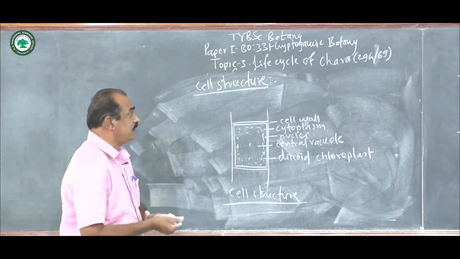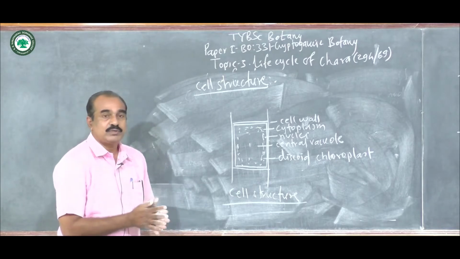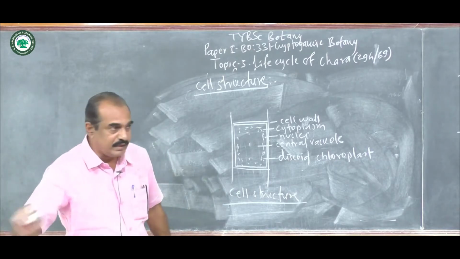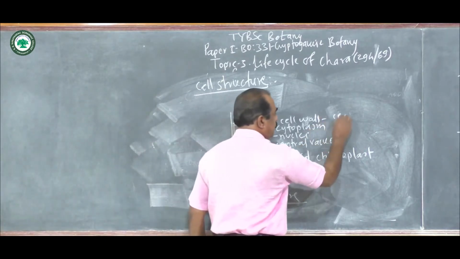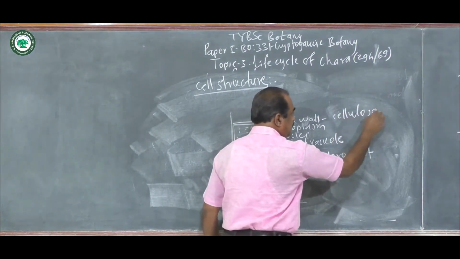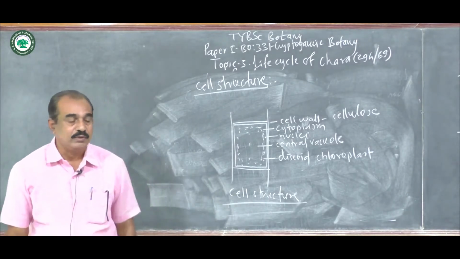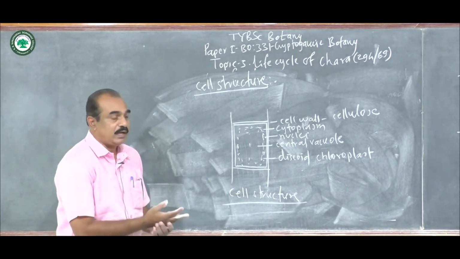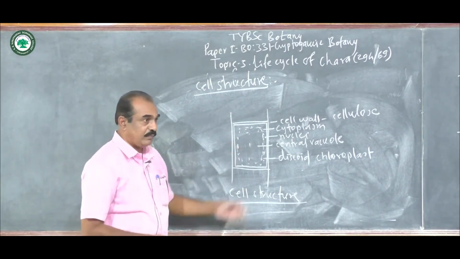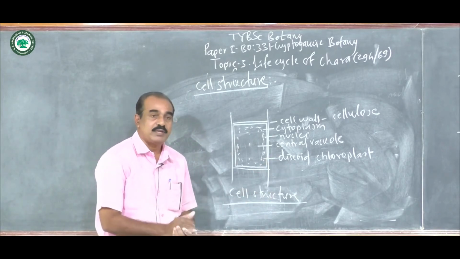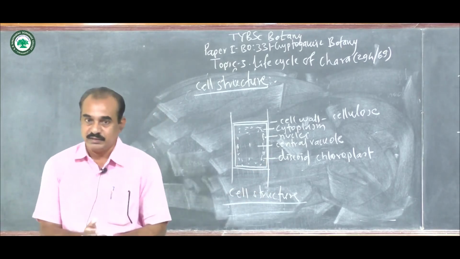It is somewhat rectangular in shape. The outermost layer is called the cell wall, and generally it is synthesized from cellulose. Inside this there is the cytoplasm, and at the center there is the central vacuole, and a number of nuclei are found in each cell, and a discoid type of chloroplast is present in the Chara cell. Thank you.